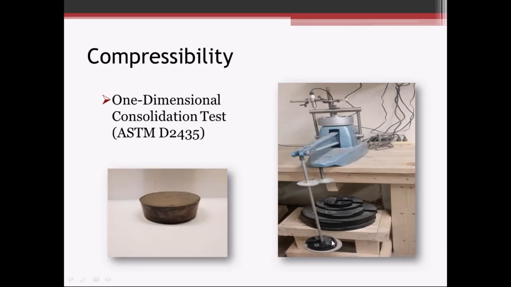For this test, samples can be either Shelby tube samples or remolded in the laboratory. And in any event, the engineer needs to specify the remold criteria, as well as the loading cycle if it's different from the ASTM procedure.